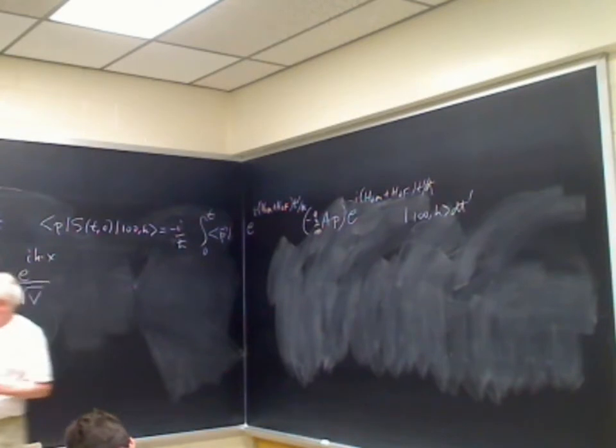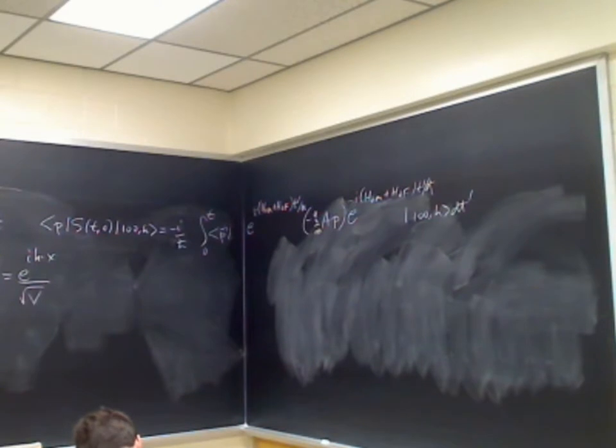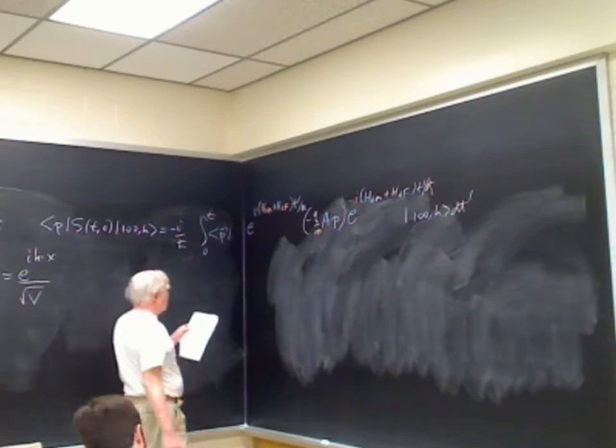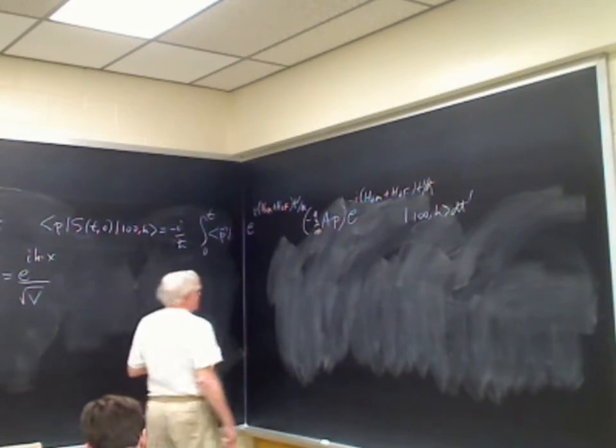And of course we now have our formula actually derived for the Hamiltonian of the electromagnetic field.